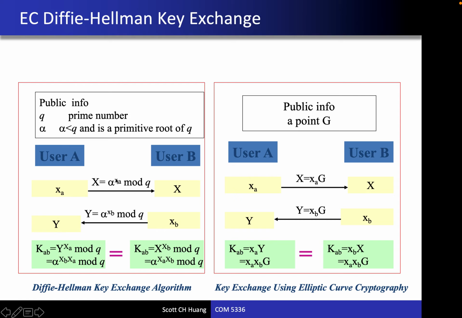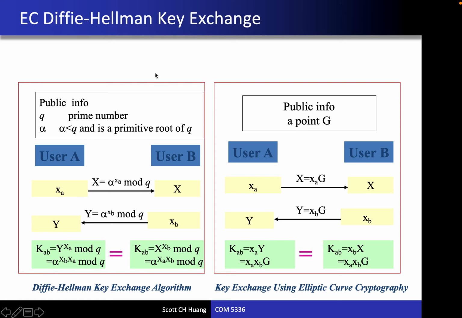Now, Alice calculates alpha raised to the power of XA mod Q, and then sends to Bob. Okay. And then Bob calculates alpha raised to the power of XB and sends to Alice. And the shared key is this. Now, let's modify this using the elliptic curve crypto system.